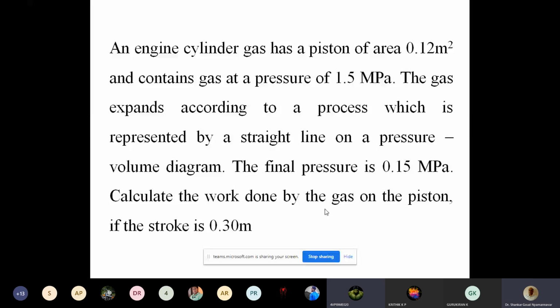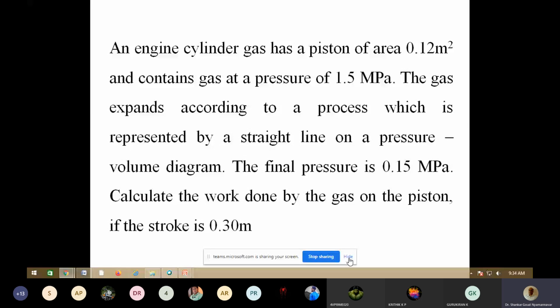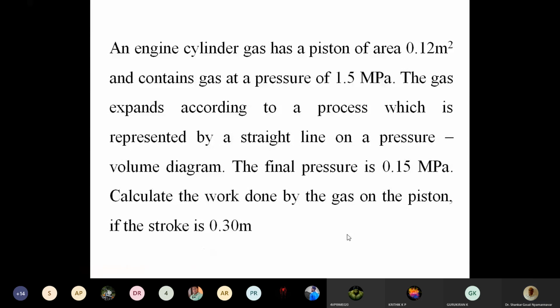Can you hear me? Did anybody solve this problem? Yes, am I audible to you?